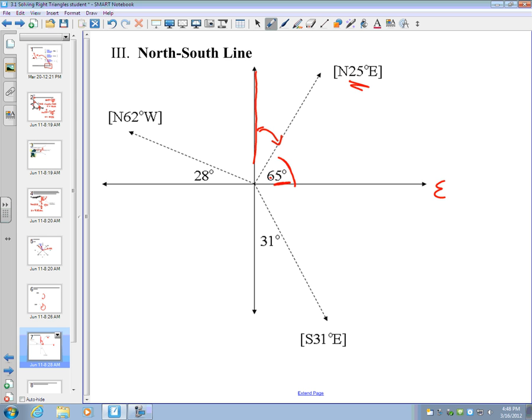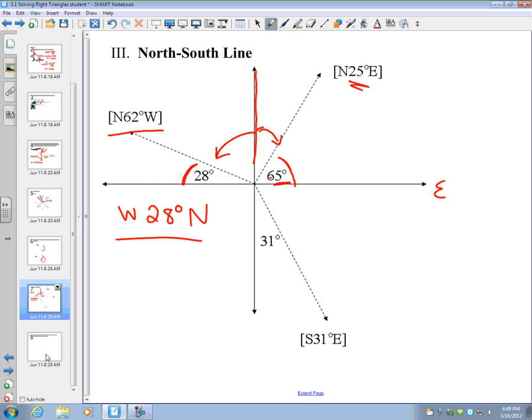Similarly, this measurement is north 62 degrees west. That is the same as 28 degrees here. So in other words, that could be the same as west 28 degrees north. Those are equivalent. Those are really talking about the same direction. So just be aware of that.